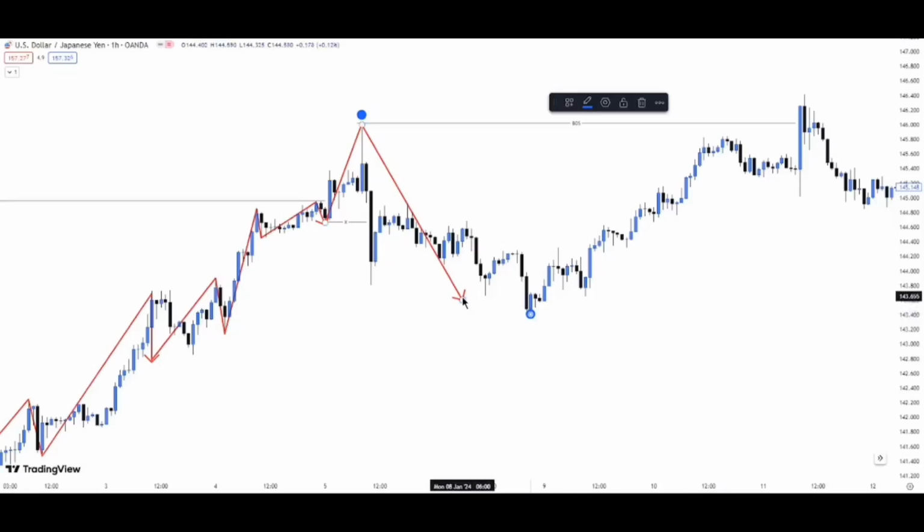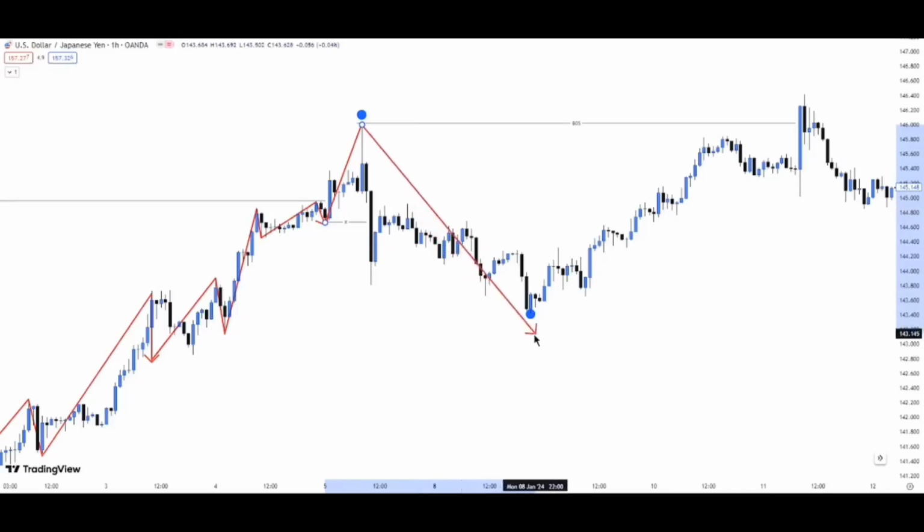And therefore, this pullback is from this high. Look, this pullback is from this high here all the way down here. Don't start marking all these ones as pullbacks and all that. No, this is one retracement, one pullback from this high to this low.